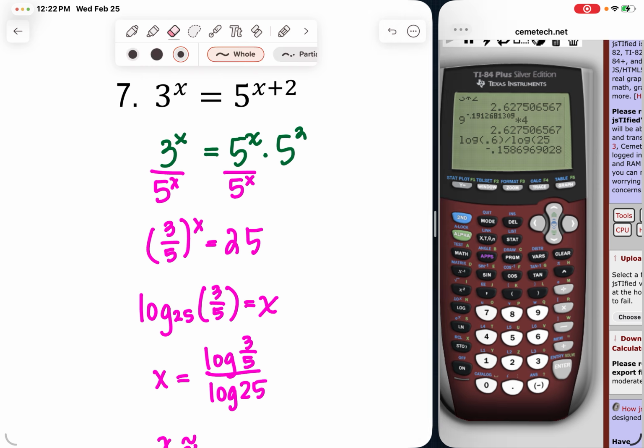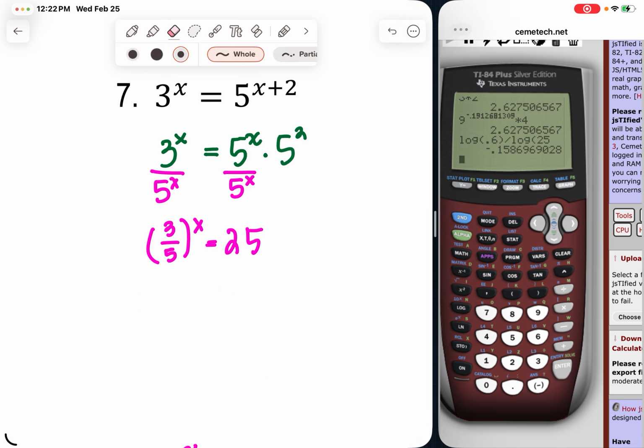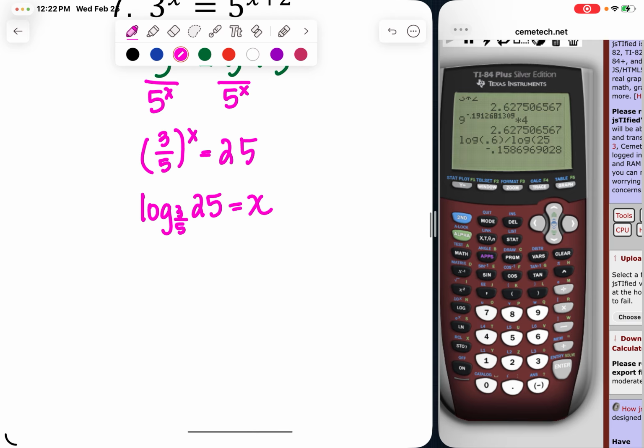Oh, I wrote my log wrong. Oopsies. Okay, I wrote my logarithmic form wrong. Log base 3/5 of 25 is equal to x. I had it flip-flopped. I'm lucky that I realized that I wrote it wrong.